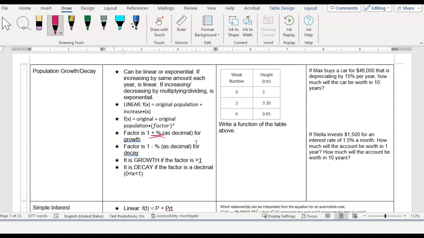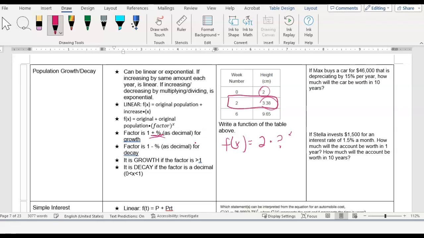It says write a function of the table above. Okay, so we have our starting point. This is going up by 2's, and that is not helpful for us. So if our starting height is 2, and then our factor is what we don't know, right? So we're going to have f of x equals 2 times something we don't know to the power of x.